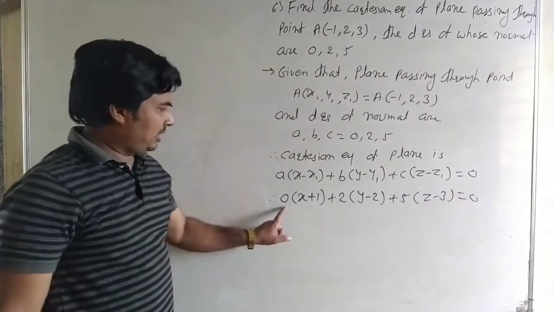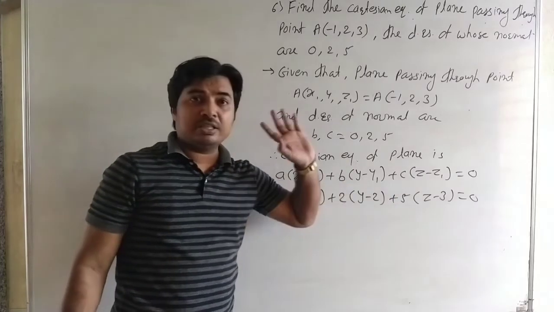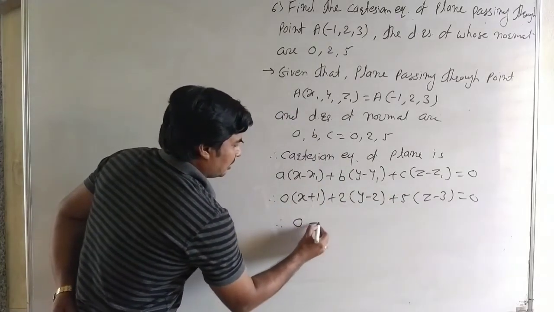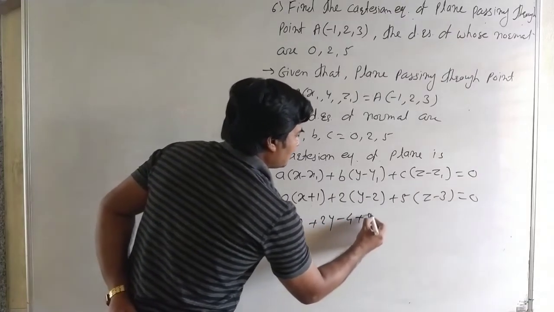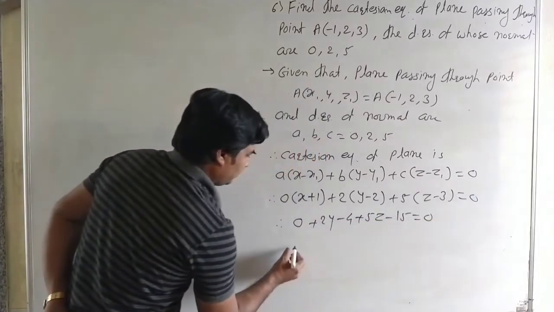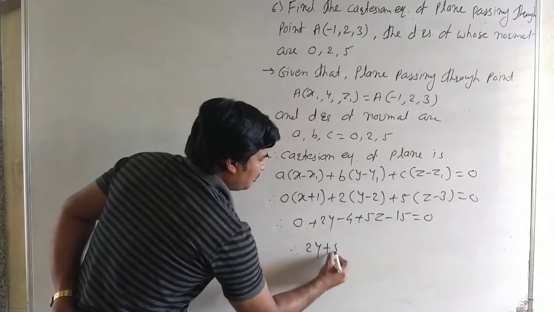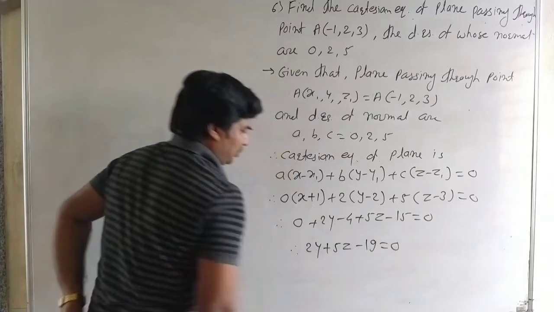Now calculate, it is 0 plus 2y minus 4 plus 5z minus 15 is equal to 0, and therefore the Cartesian equation of plane is 2y plus 5z minus 19 is equal to 0.